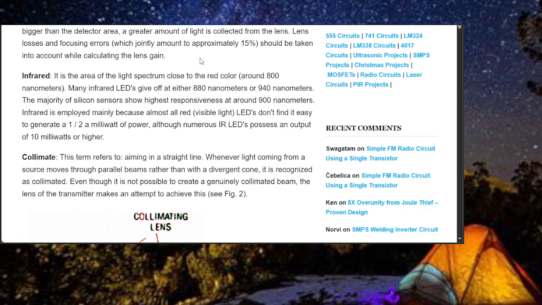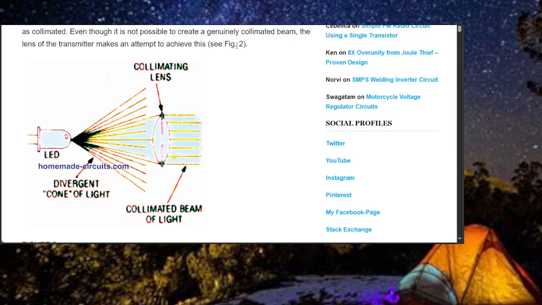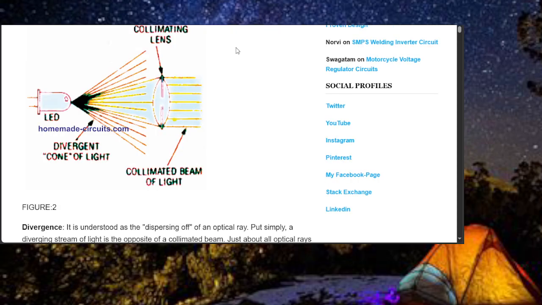Infrared is employed mainly because almost all red visible light LEDs don't find it easy to generate a half a milliwatt of power, although numerous infrared LEDs possess an output of 10 milliwatts or higher. Collimate, the term is making it into a straight line. We know what collimation is. It's a collimating lens, which I don't have.